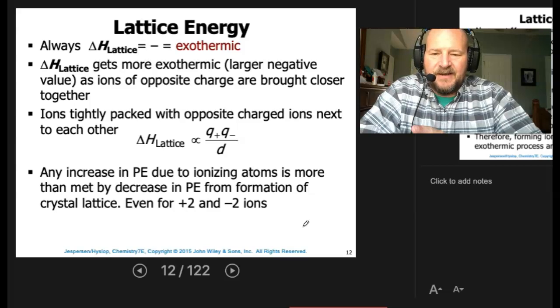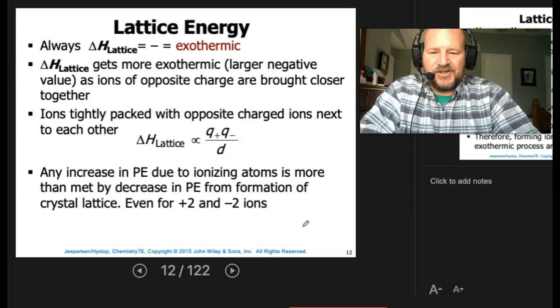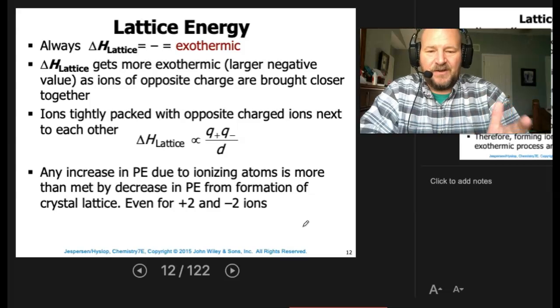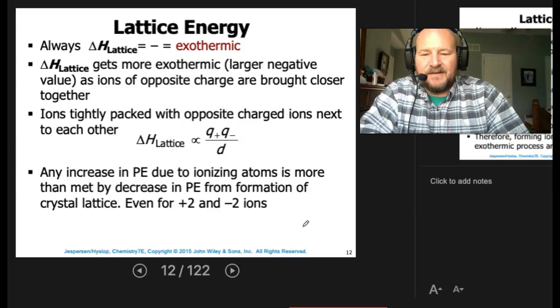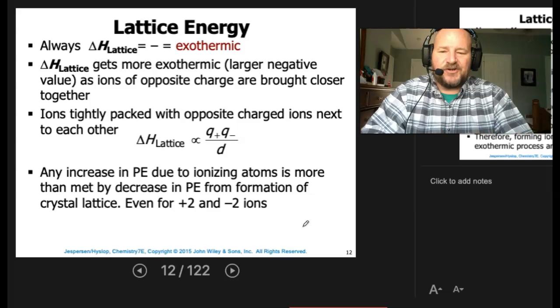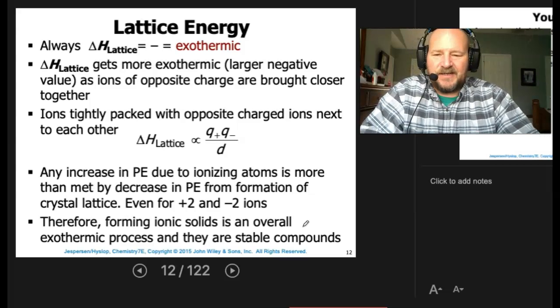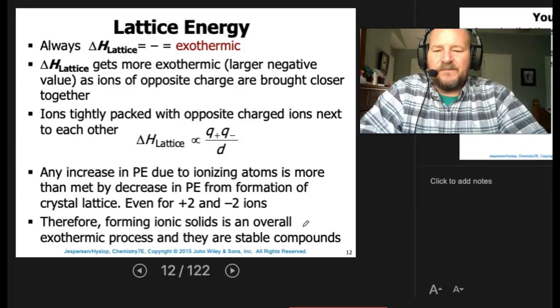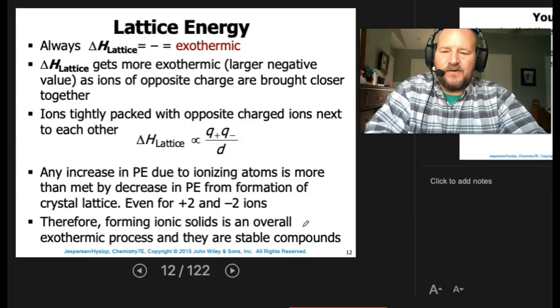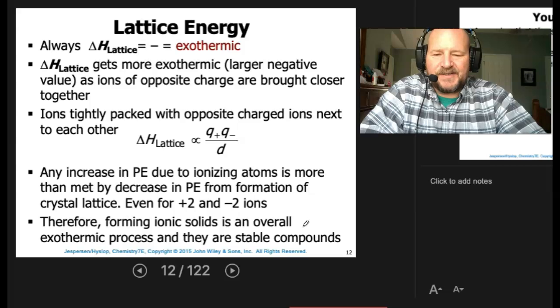So again, any increase in potential energy due to ionizing them will be met by bringing those two opposite charges together, okay, even for +2 and -2 ions. Therefore, forming ionic solids is an overall exothermic process, and they are stable compounds.